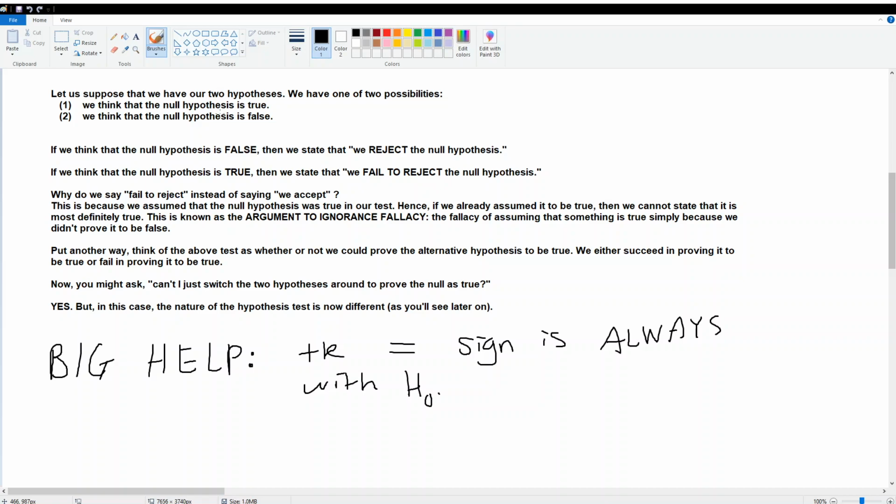Something isn't true just because you didn't prove it to be false. That meant you couldn't prove it to be false with the data you have. Now, you might ask, might this be because of our data? And you'd be absolutely correct.